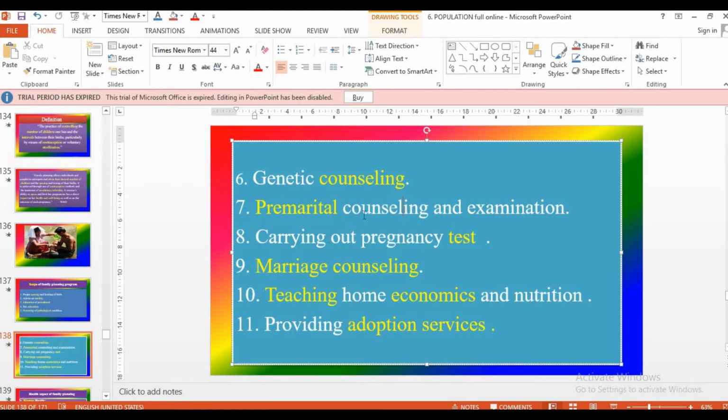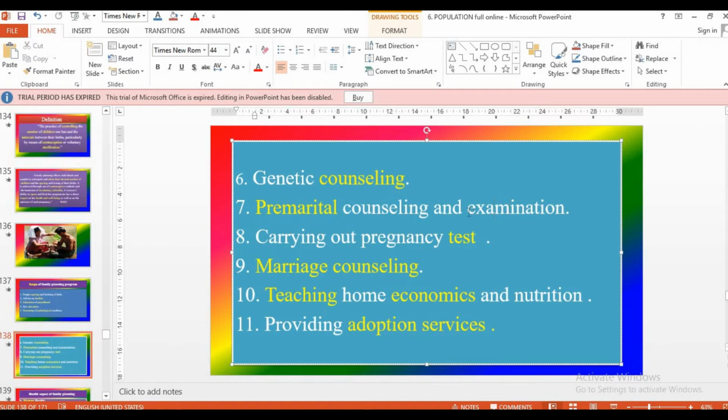Seventh one, premarital counseling and examination. This is also vital. Premarital counseling means that before the marriage, they should be educated about sex education and problems, what problems may arise after the marriage and how to solve them.